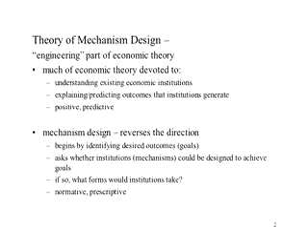But in mechanism design, we do just the opposite. We begin by trying to say what it is we want by identifying the outcomes that we would like to have. And then we ask what kinds of institutions or mechanisms or games we could construct to achieve those goals.